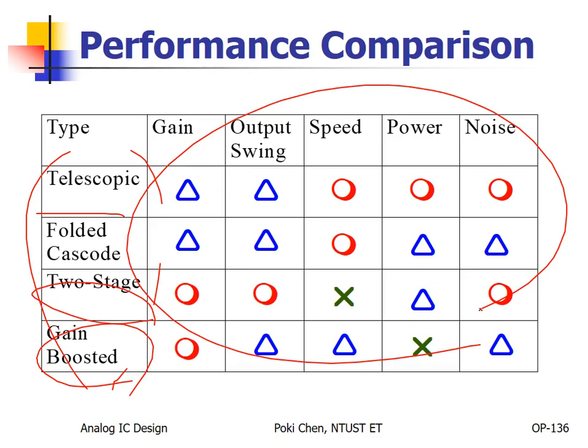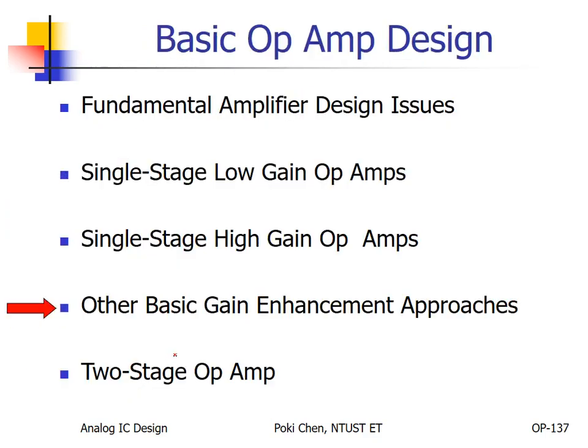Okay, forget about it, unless you are Einstein in this field. I mean, in analog IC design. Otherwise, don't touch the new structure. Only select a proper one according to the gain, the output swing, the speed, the power, the noise. Okay, select one. Good enough.